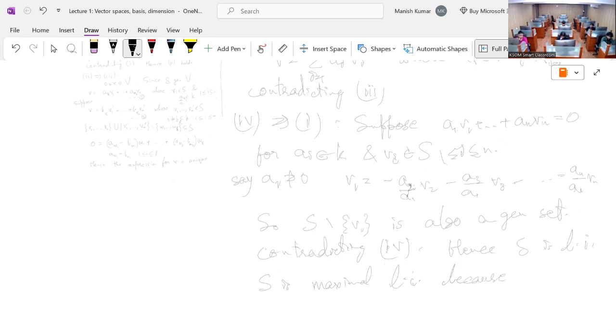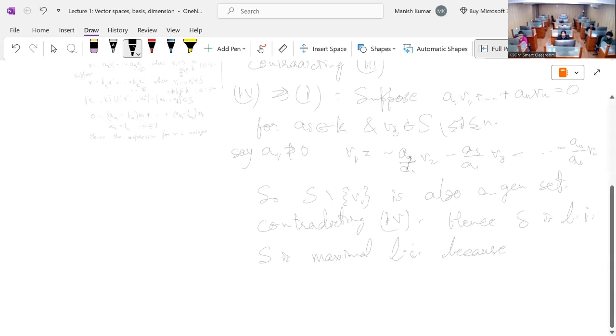Why is it maximal? Because it spans the whole of V. So if you add anything, then it will not be linearly independent. The fourth hypothesis of 4 is that it's a generating set of V.